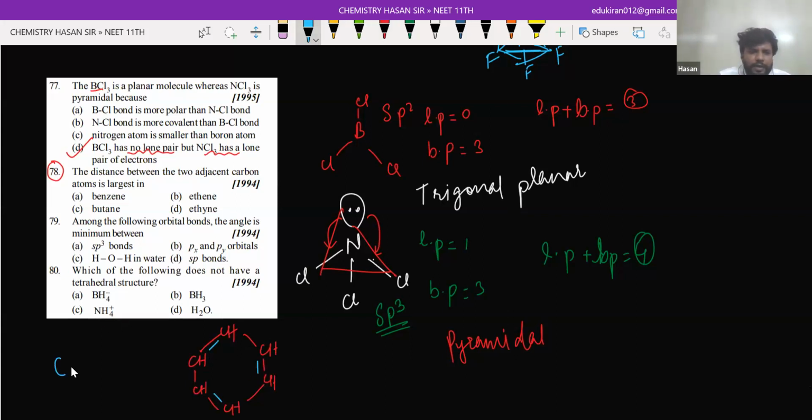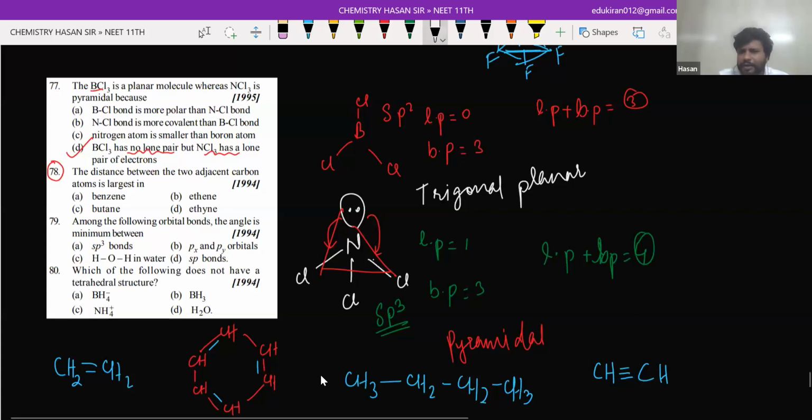Then for ethene, there is CH2 double bond CH2. For butane, it is CH3, CH2, CH2, CH3. You have studied this in class 10. And for ethyne, triple bond. Triple bond is smaller than double bond, which is smaller than single bond. That means single bond is the largest one.